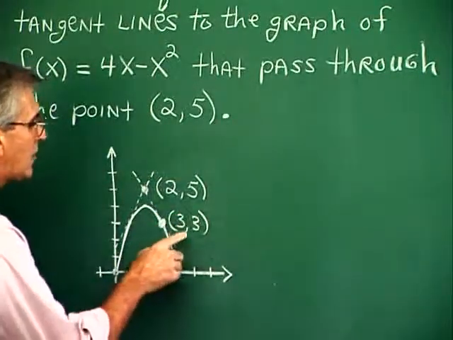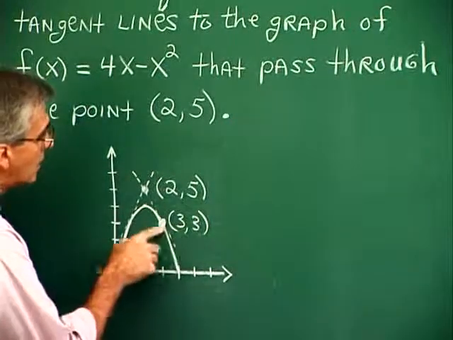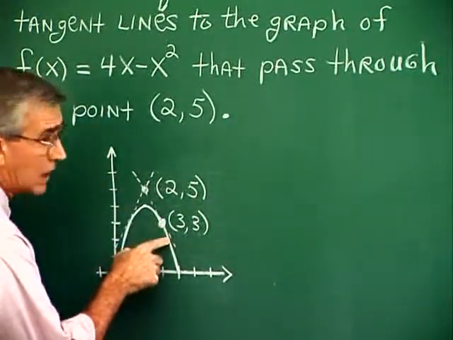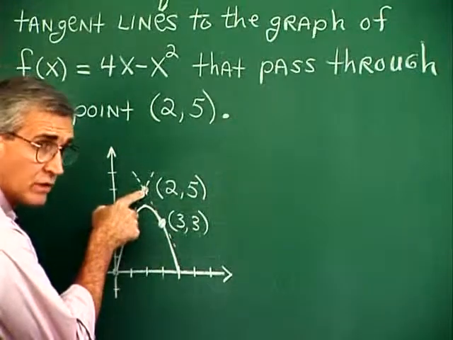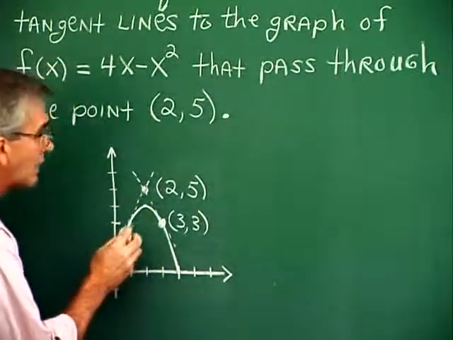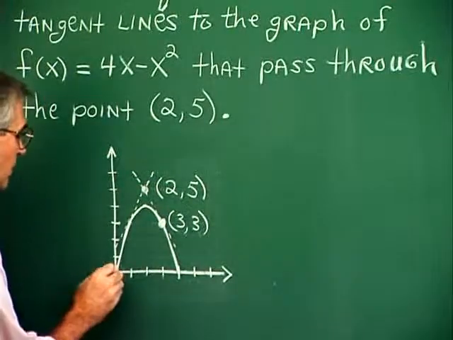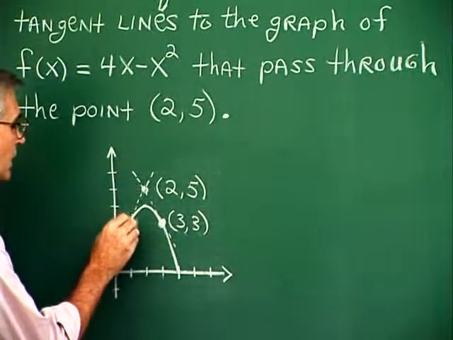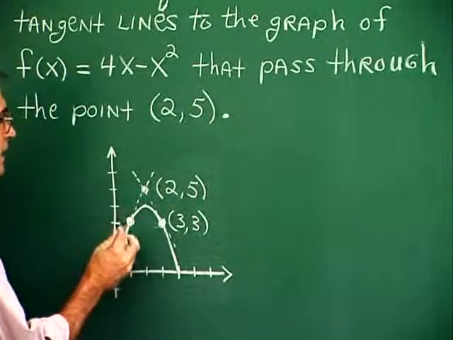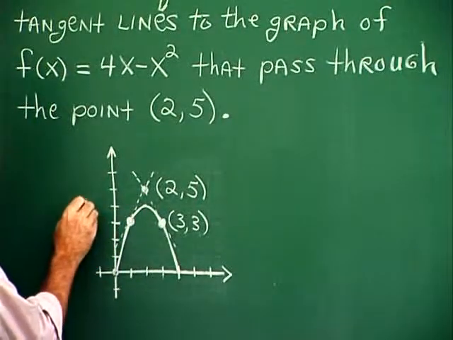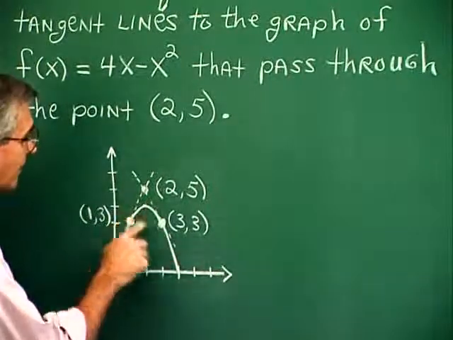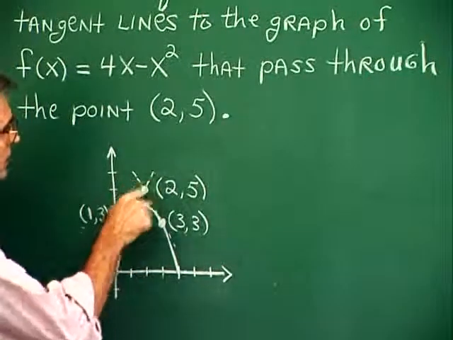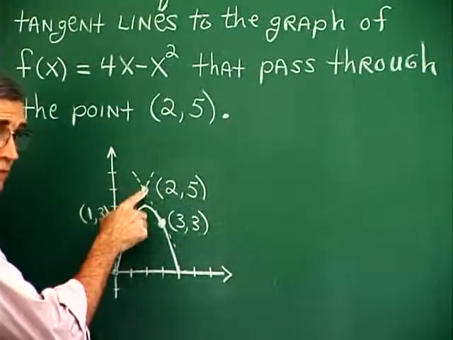So here's that spot on the graph that is on the tangent line that contains the point 2, 5. And the other spot, the place where x is 1, the point 1, 1, 2, 3, there's the other point that's on the graph of f, and is also on the tangent line containing that point.